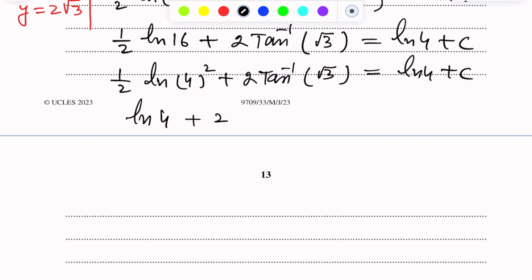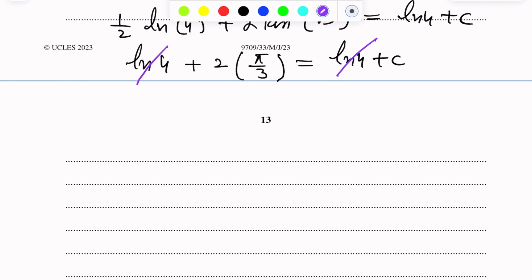Plus 2, the value of tan inverse under root 3 will be pi by 3. Right side log 4 plus c. Log 4 from both sides cancels out. We get finally the value of c from here is 2 pi by 3.